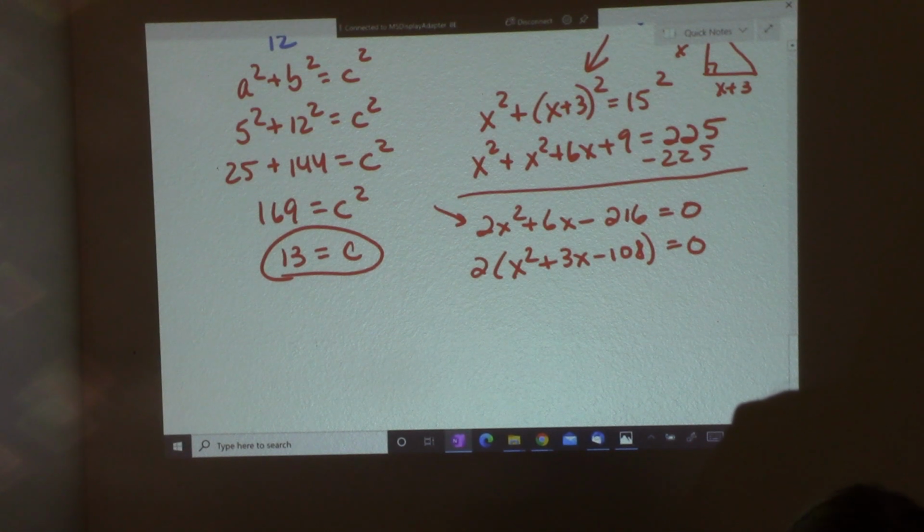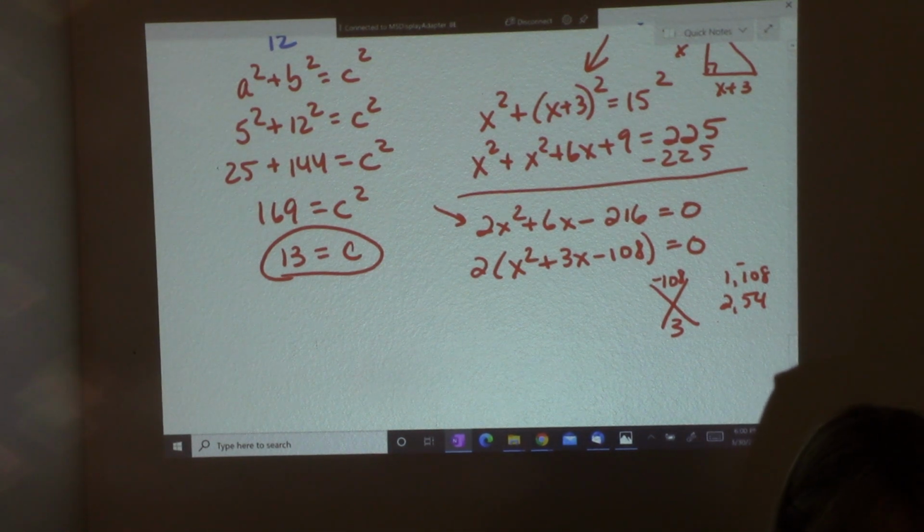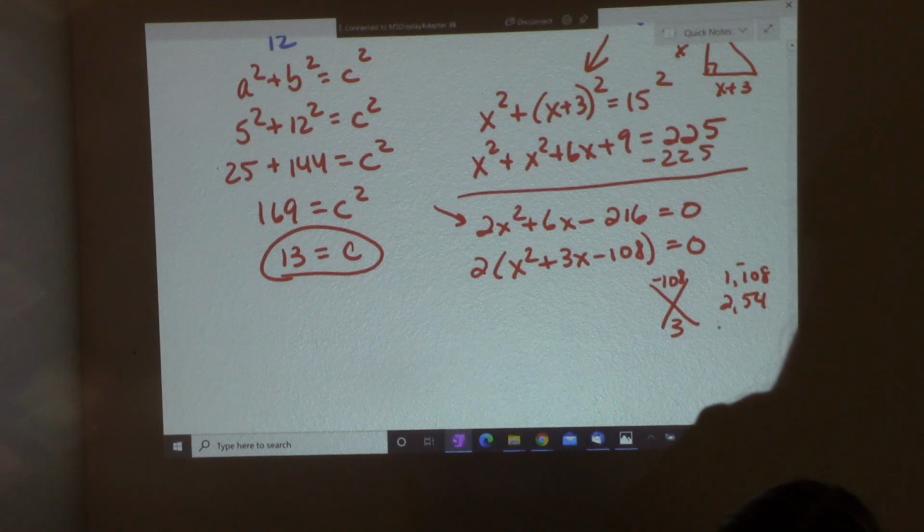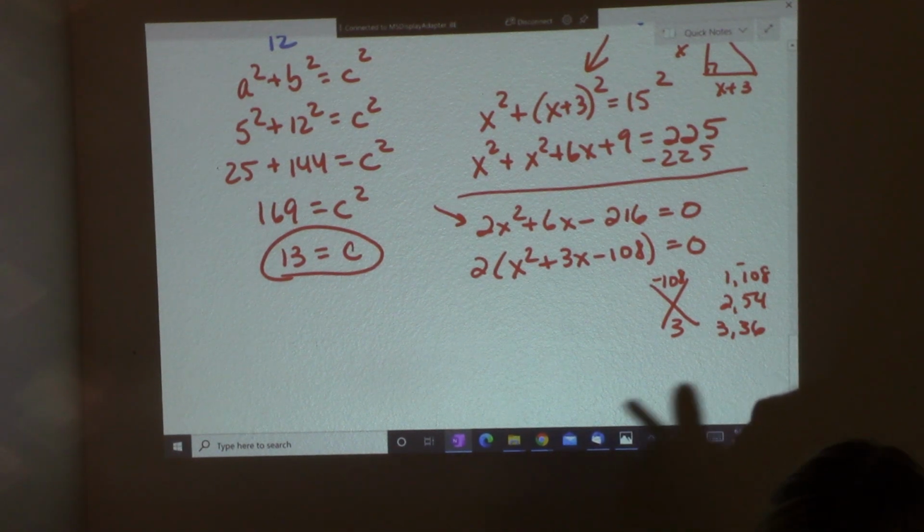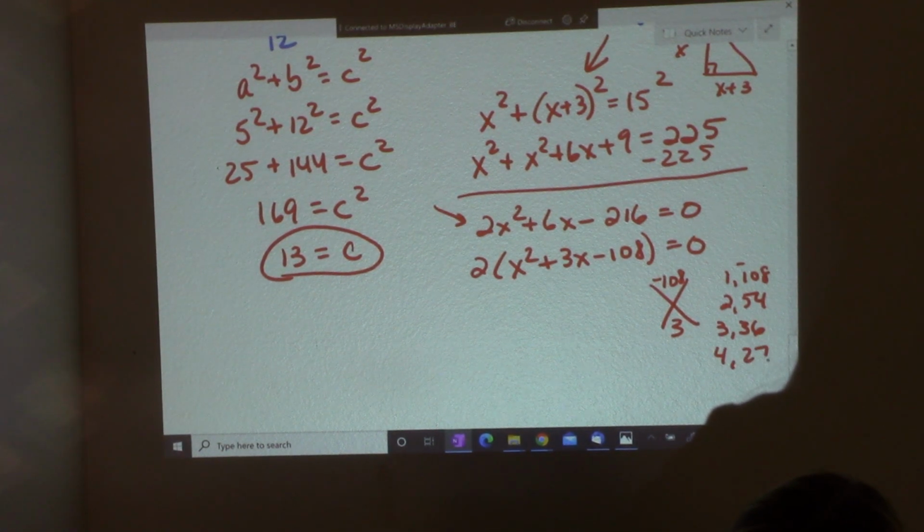Now if I look at all the factors of 108, that would be 1 and 108. How about 2 and 54, does 3 go in? It does, I believe, yes. 108 divided by 3 is 36. 4 and 27. 5 doesn't go in.